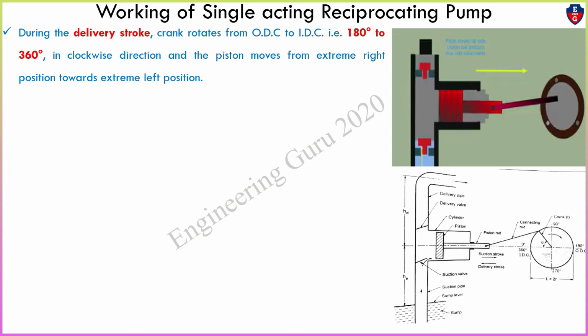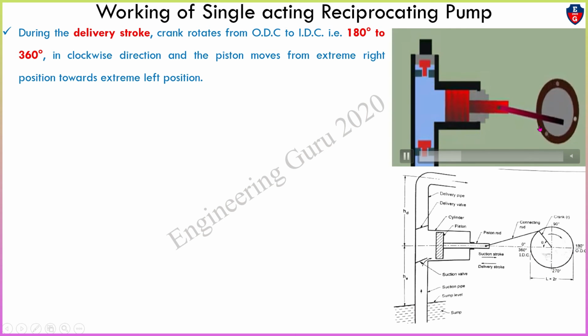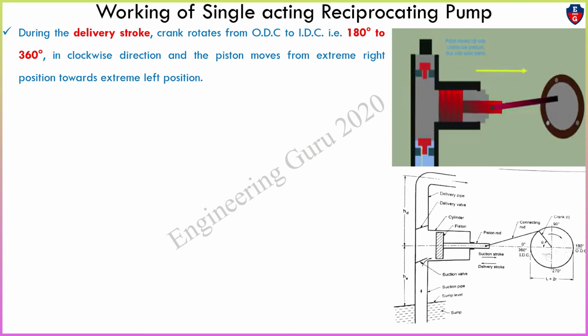The piston moves from the extreme right position toward the extreme left position. Now understand. In this image, we can see that 180 to 360 covers this area. So at that time, the piston moves from the extreme right position toward the extreme left position.